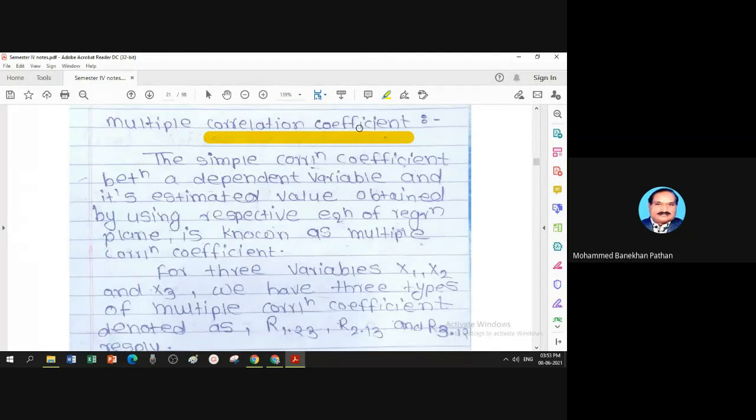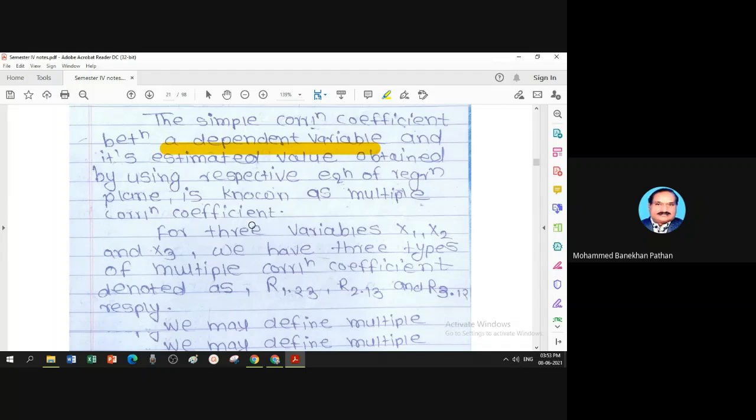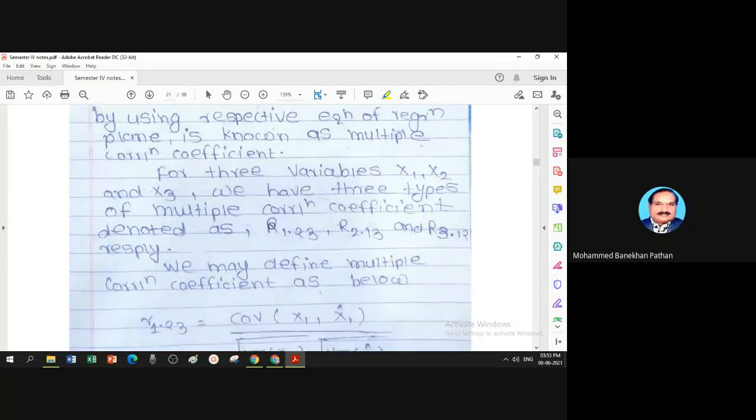Multiple correlation coefficient is nothing but the simple correlation coefficient between a dependent variable and its estimated value obtained by using the respective equation of the regression plane. That is called a multiple correlation coefficient. You can write the notation for this as capital R, the multiple correlation coefficient, subscript 1.23. What is the meaning of this notation?